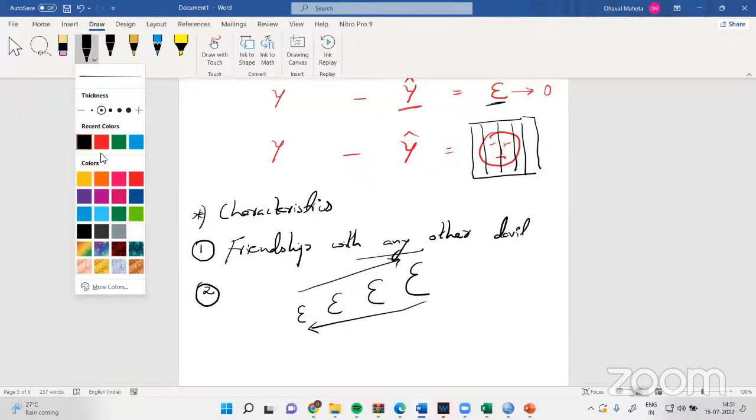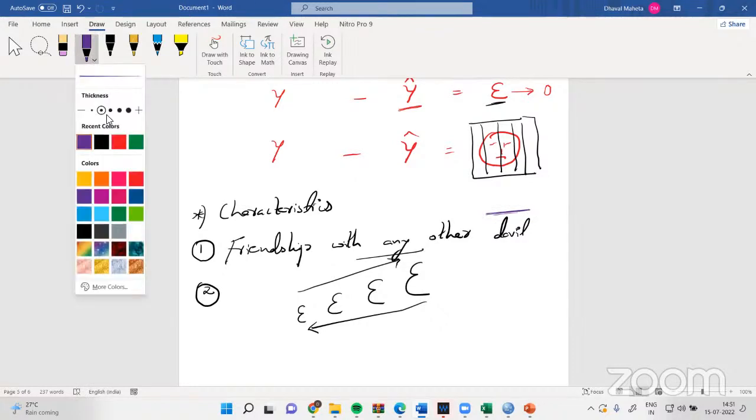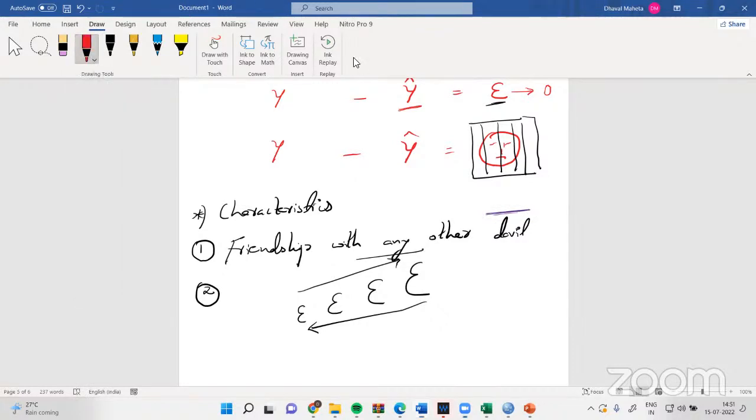Now, what names will I give to these characteristics which we want this devil to have? First one, anybody? The first one: the devil should not make friendship with any other devil. What is it known as? Correlation.